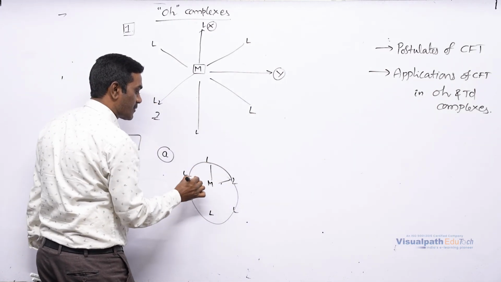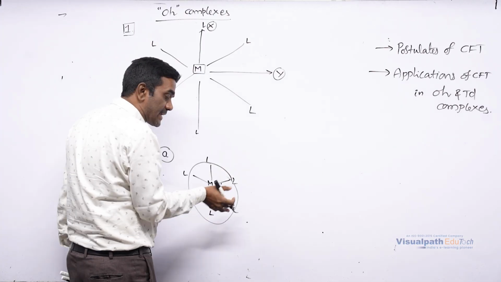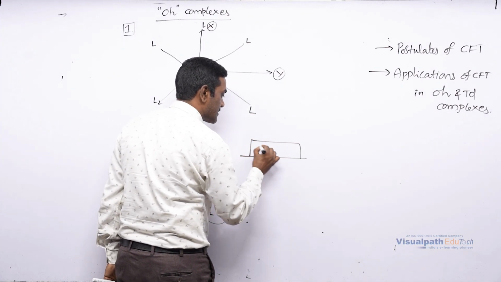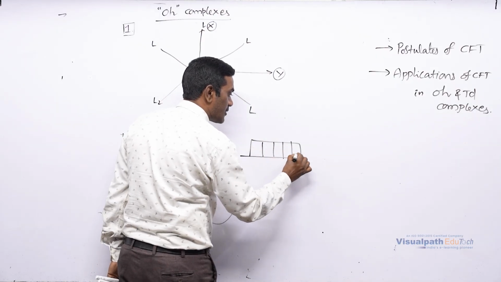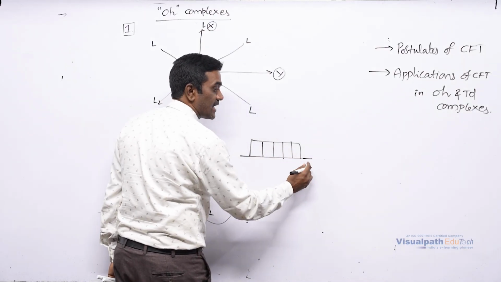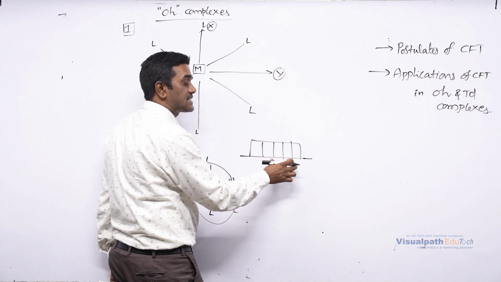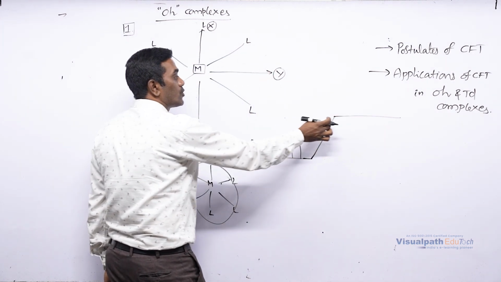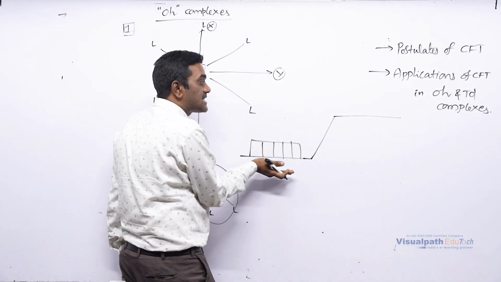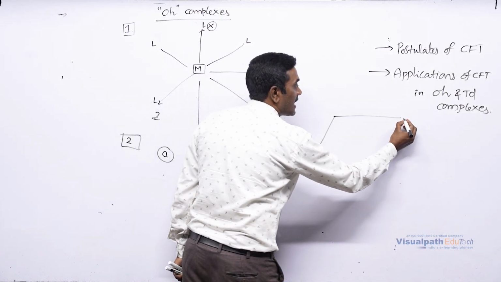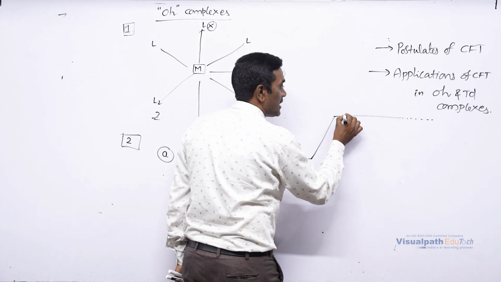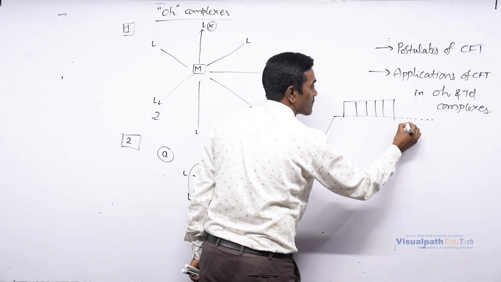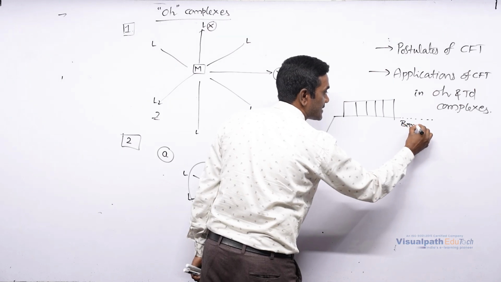Already we discussed in the postulates that during a spherical approach, the degenerate orbitals, that means the ones having the same energy, will move up, increasing energy. At this level we consider the energy as 0, and we will call it the barycenter.